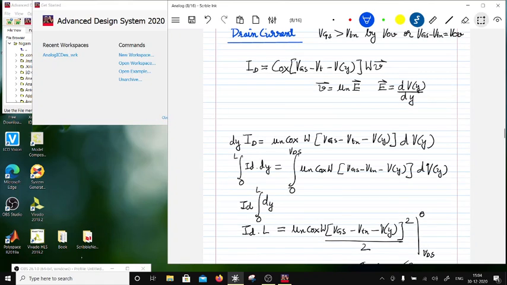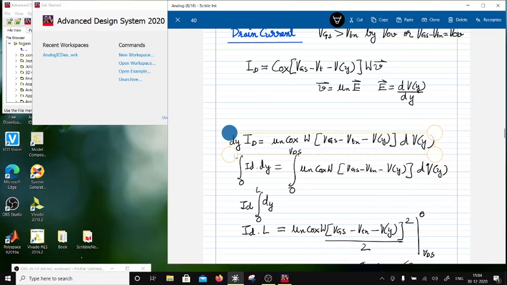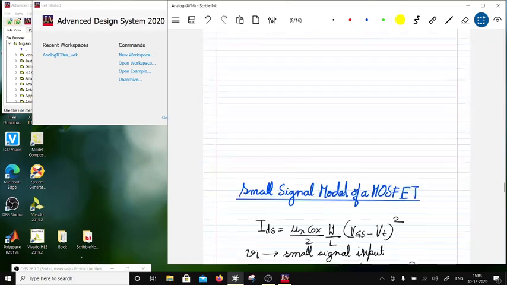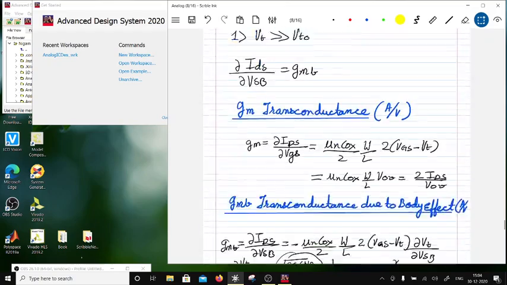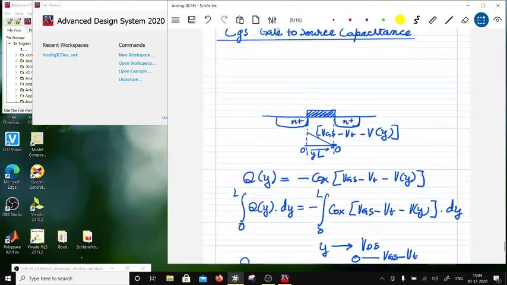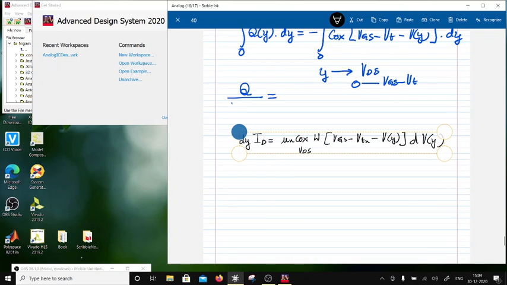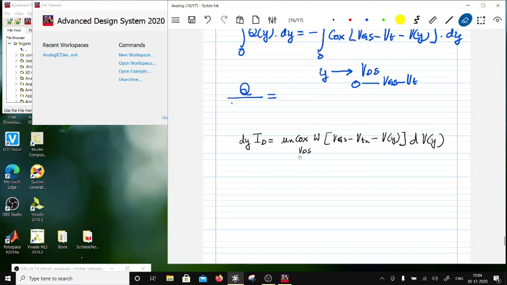I had this equation here, so I will copy this equation and paste it over here. So this is the relationship.